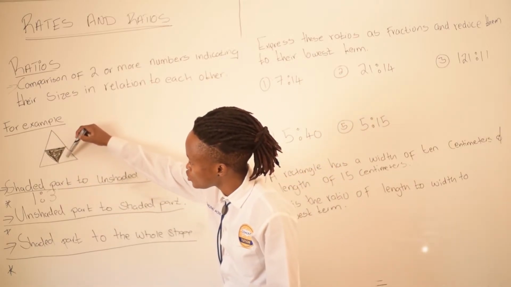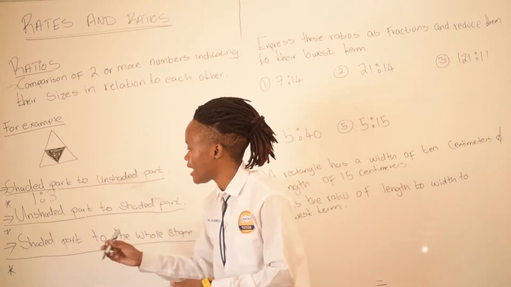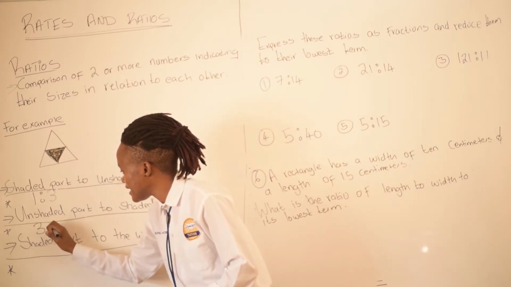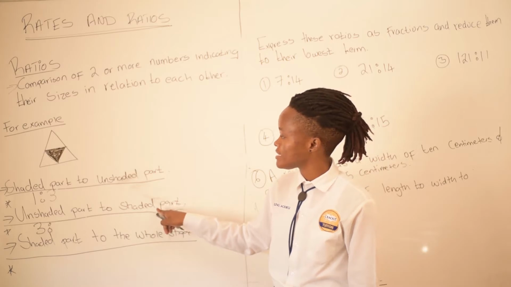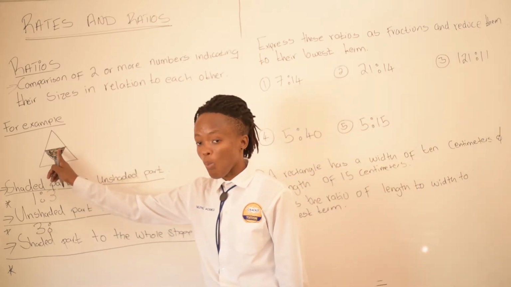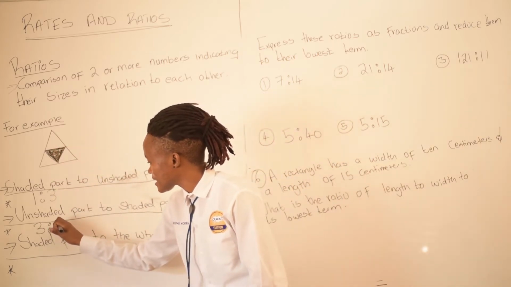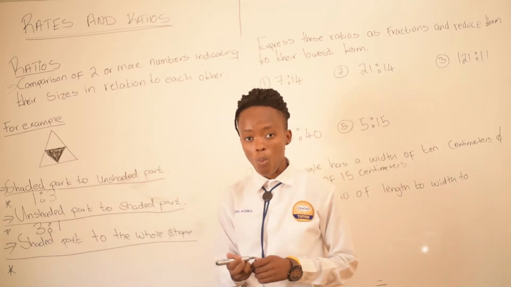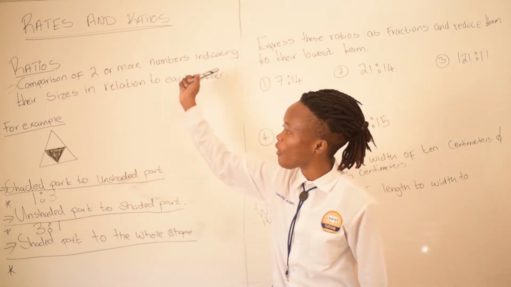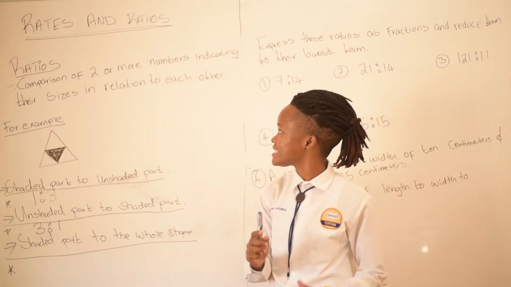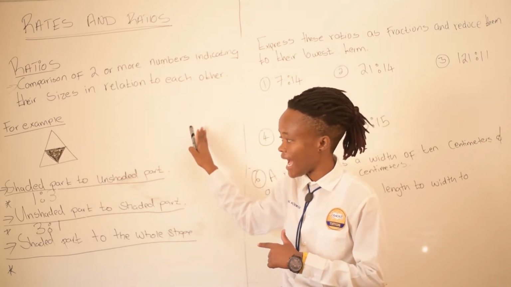Unshaded, 1, 2, 3. So it becomes 3:1, because the shaded part is 1. So when you say ratios compare two or more numbers, indicating their size in relation to each other.